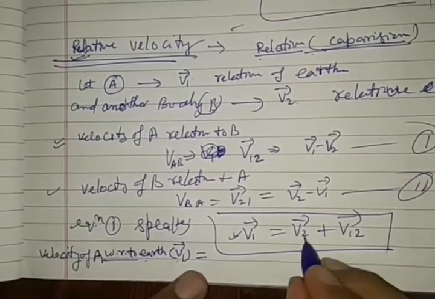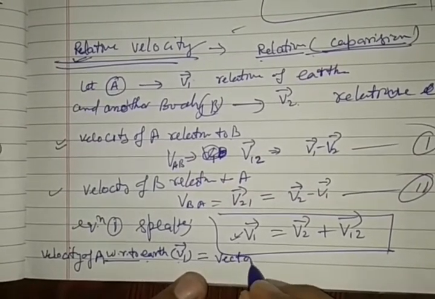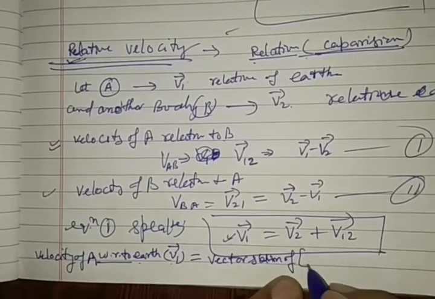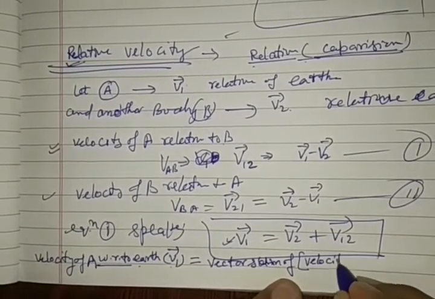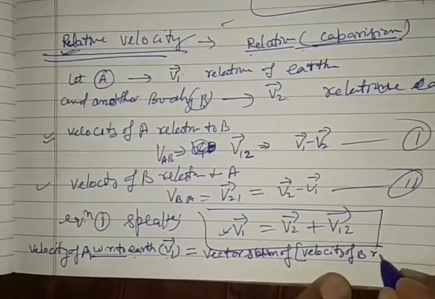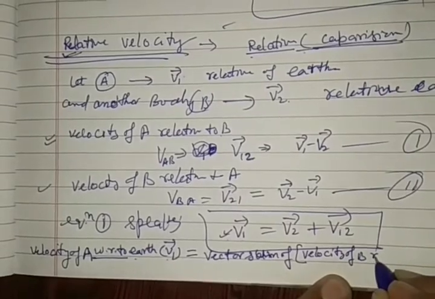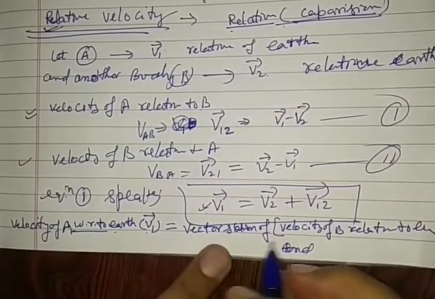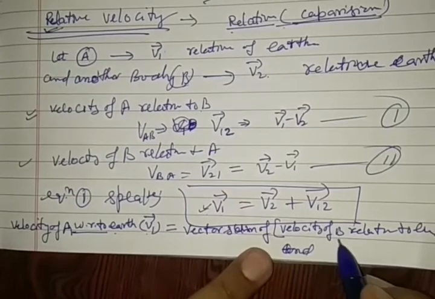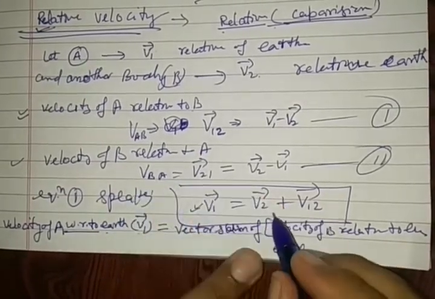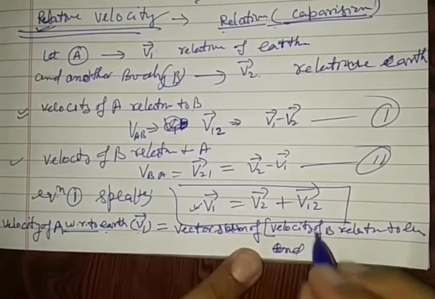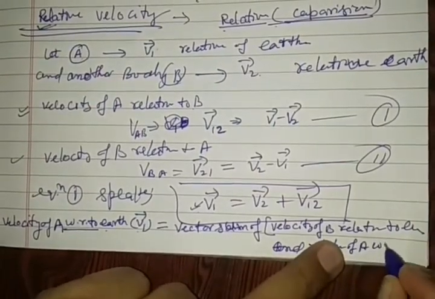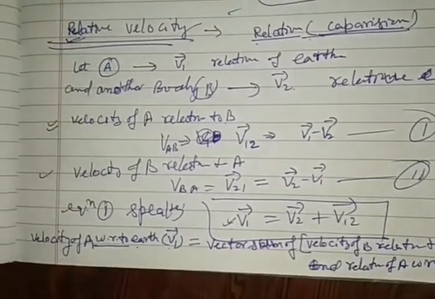It is equal to the vector sum of the velocity of B relative to Earth, that is the velocity of the second object B relative to Earth, and the relative velocity of A with respect to B. We can make this conclusion.